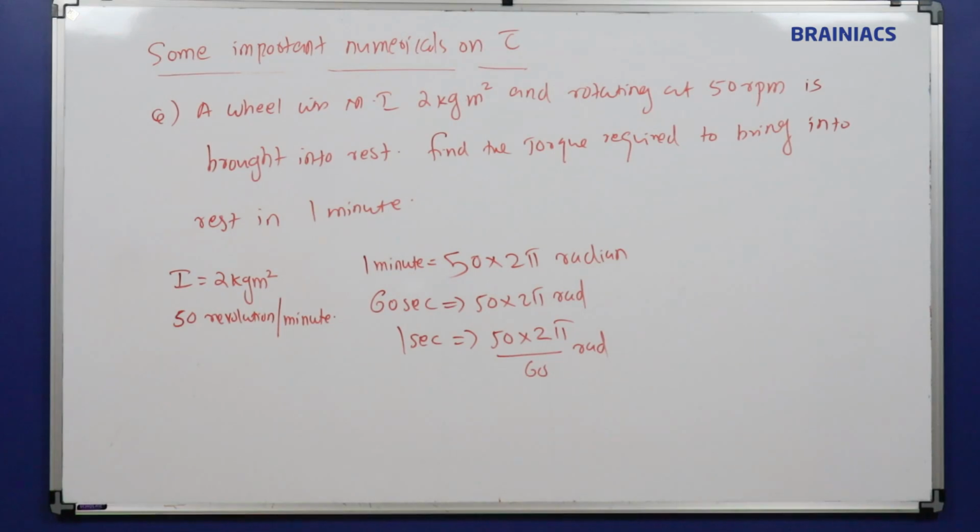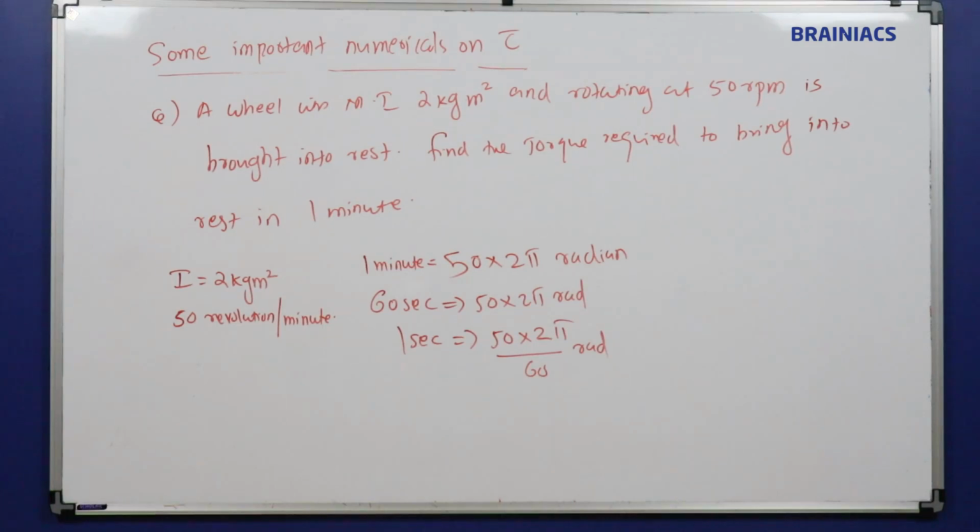So the wheel has a moment of inertia of 2 kilogram meter square, rotating at 50 revolutions per minute. We know 1 revolution is 2 pi, so 50 revolutions is 50 into 2 pi radians in 1 minute.